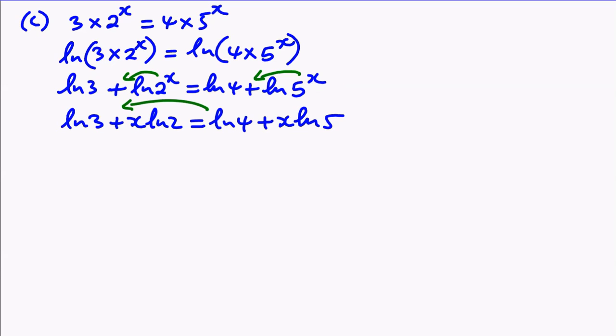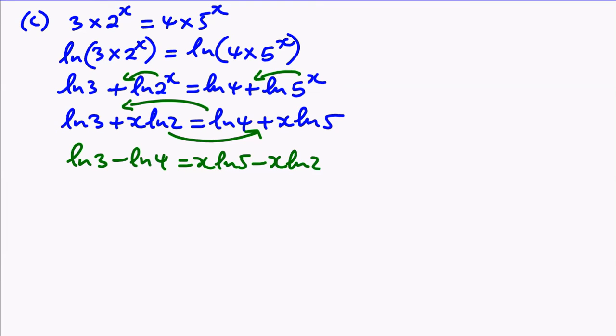Let's bring this to the left and take that to the right. So ln 3 minus ln 4 will be x ln 5 minus x ln 2. So ln 3 minus ln 4 will be equal to x in bracket ln 5 minus ln 2.